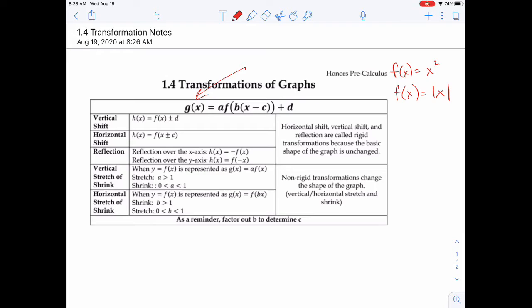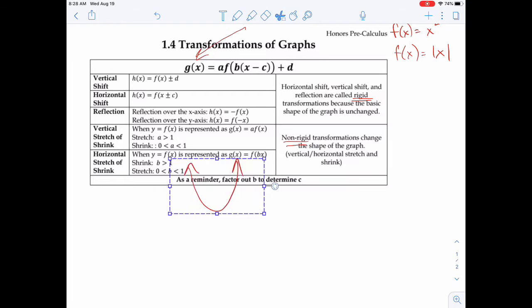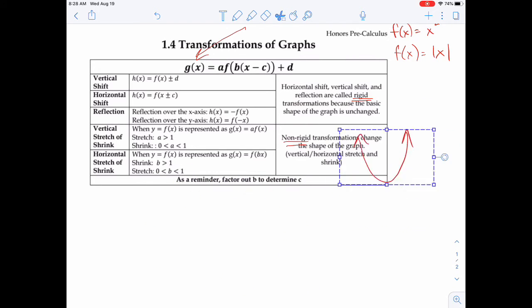So there are what we call rigid transformations versus non-rigid transformations. Okay, so a rigid transformation, basically the idea is I take a graph and then I just kind of move this around, okay? So I can take this, I can move it here and there.